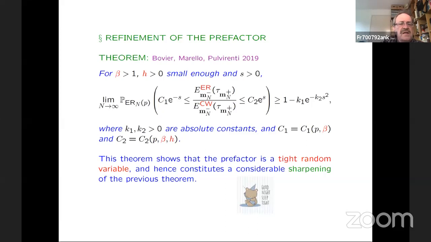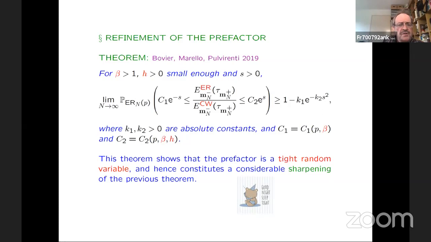And apparently it's random, and there's some control on the tails of that random variable. So it may very well be the case that this quotient is simply going to converge to a random variable whose law we do not know, but at least we have some bounds on the tightness. So this is a big step forward in really understanding this result.